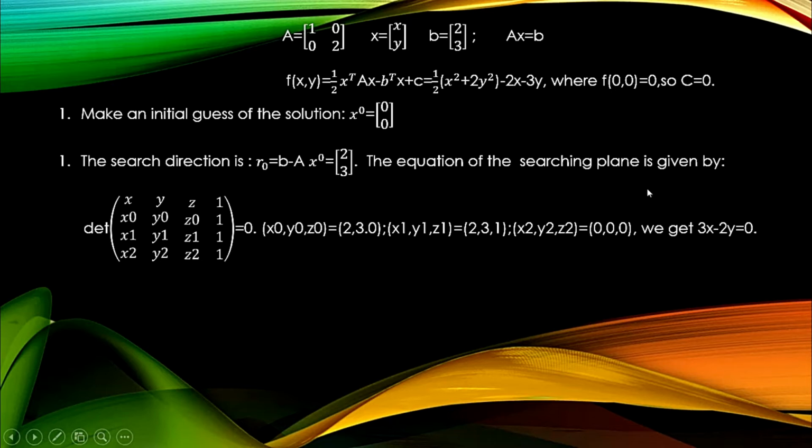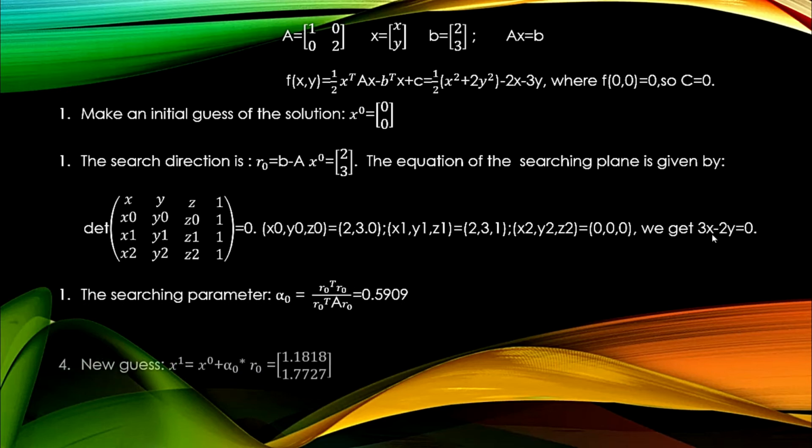You may recall from high school that the determinant of this matrix being equal to 0 gives you the equation of the plane containing this vector, and you have to take 3 points: the tip of the vector, the tail of the vector, and 1 point directly above the tip or the tail of the vector. That is what is done here, and you will get 3x minus 2y = 0. This is the equation of the plane containing the vector (2, 3).